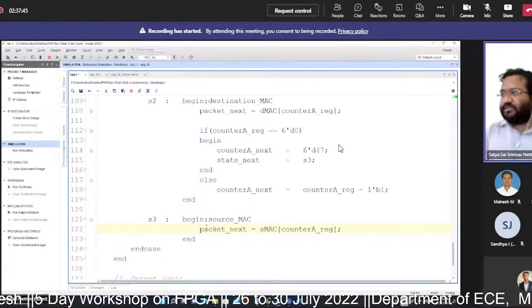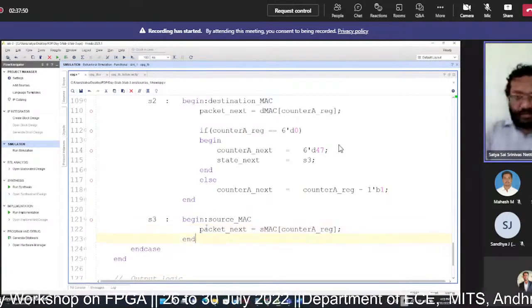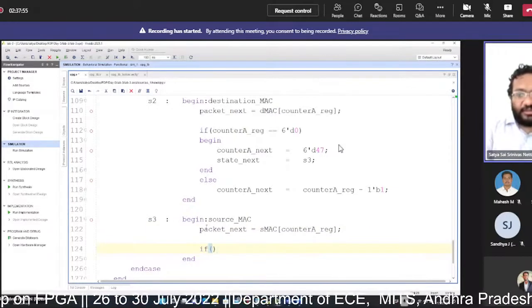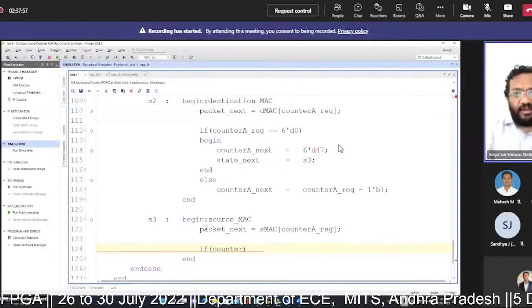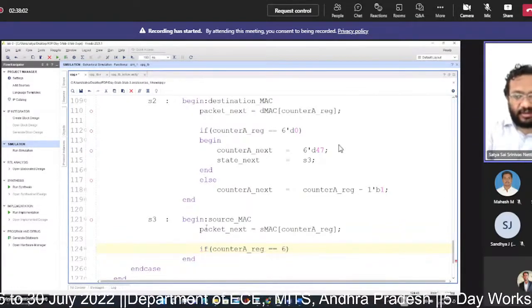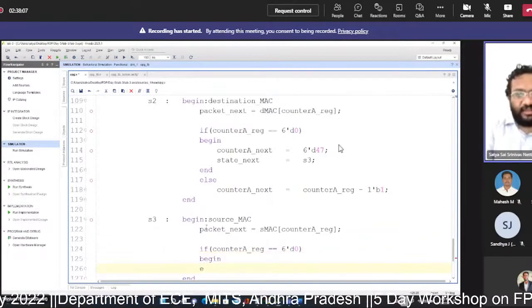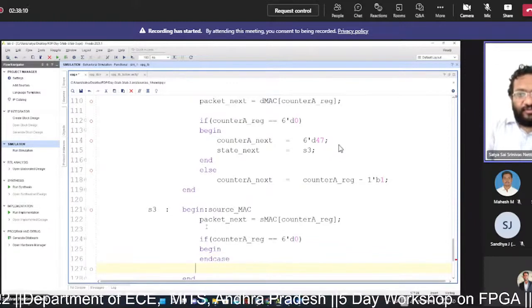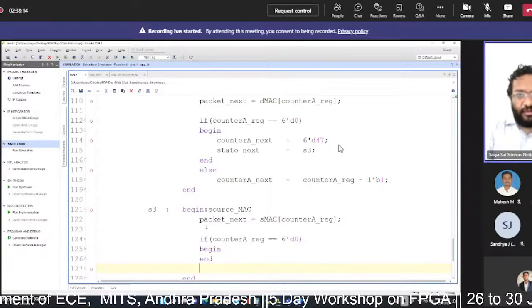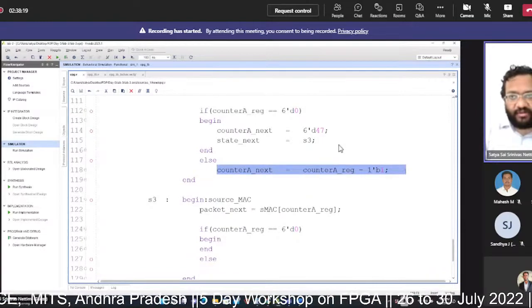The counter range value we have to read, and next, while decrementing the counter by 1.